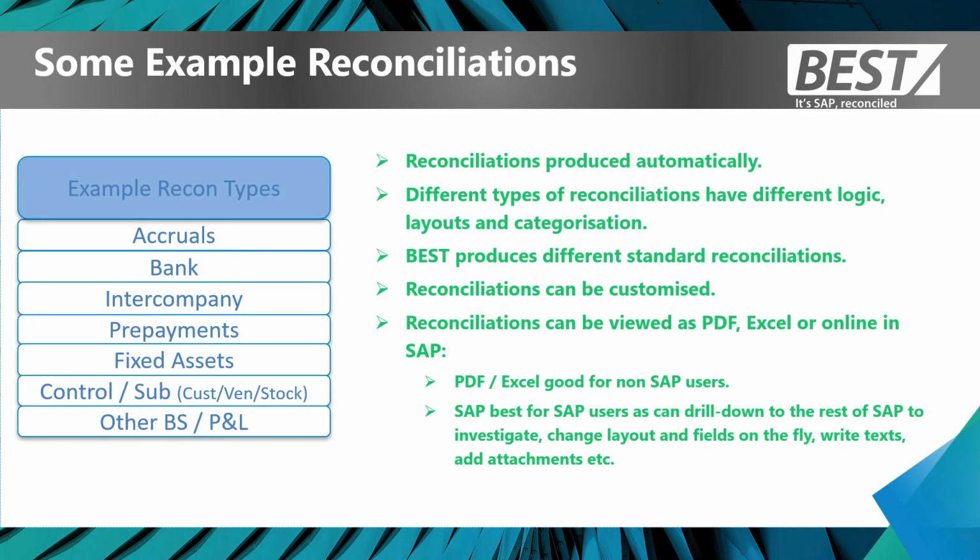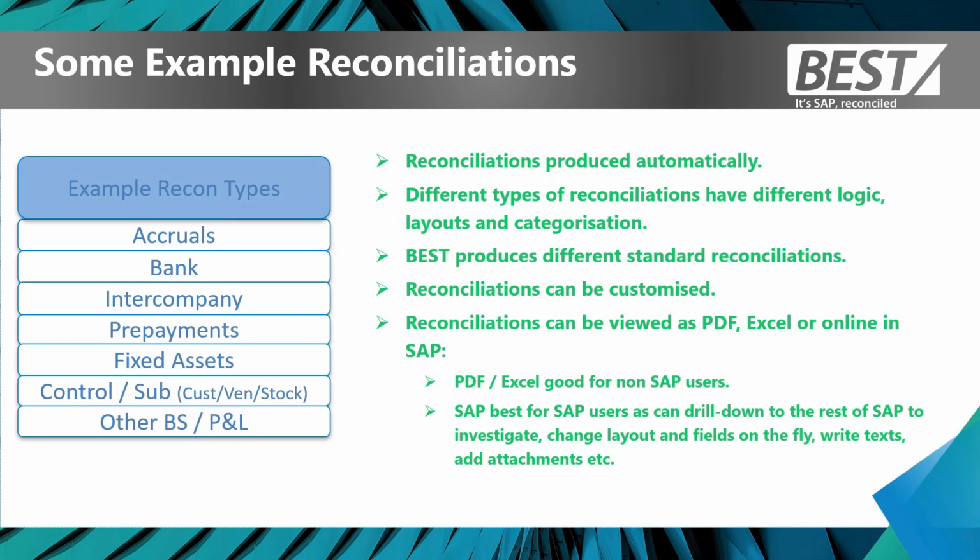And you can view the reconciliations in many different formats. PDF and Excel is good for non-SAP users, perhaps process owners who don't go into SAP. But the actual recon reports in SAP are the best.